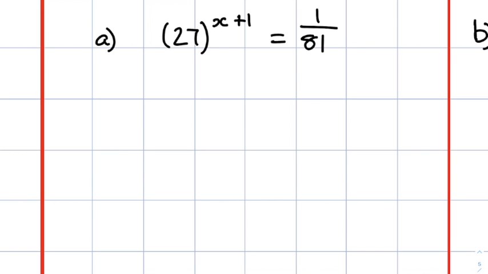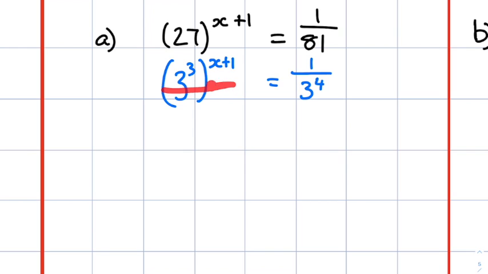So I can rewrite these as 3 to the power of 3, x plus 1, equals 1 on 3 to the power of 4. Looking at the left hand side, I'm going to tidy this up a little bit. I've got my power of a power, so the power on the inside is multiplied by everything on the outside.